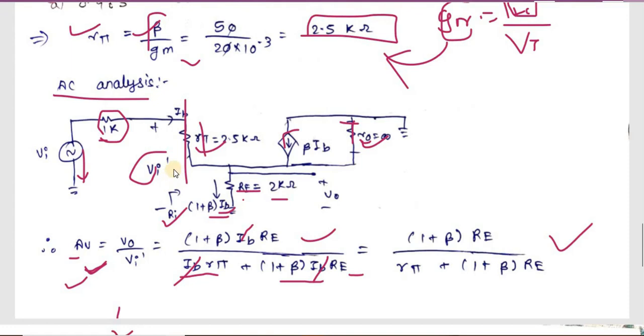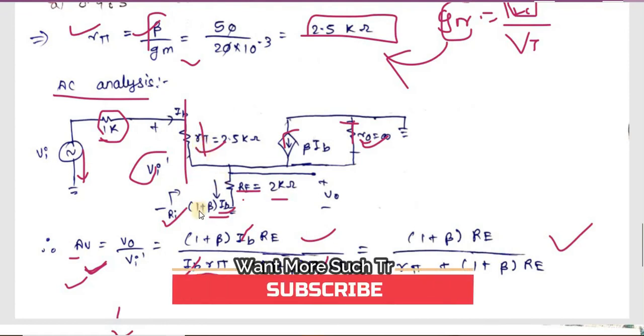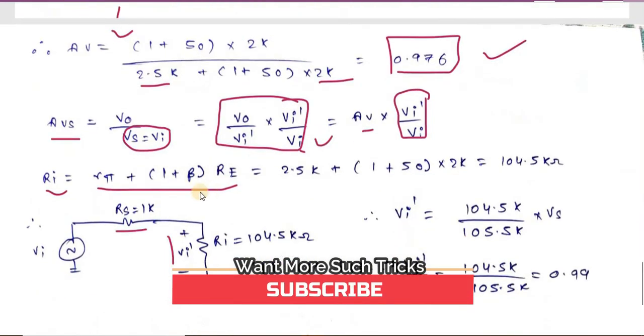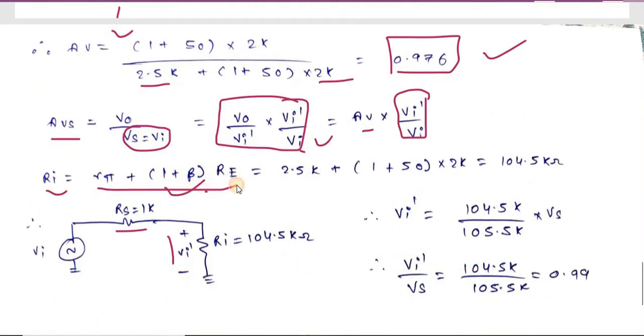So basically R pi and 1 plus beta RE are in series. That's why our RI will be R pi plus 1 plus beta into RE. Either you can use KVL or you can directly use this. If we put all the values we get 2.5k plus 1 plus 50 into 2k. If you solve it on the calculator, you will get 104.5 kilo ohm.